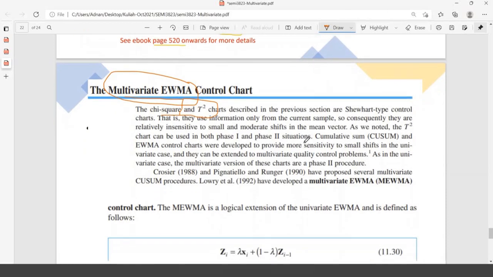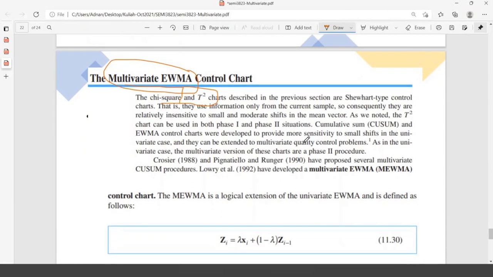I do not intend to go into detail, just to introduce that there are other methods. Univariate EWMA can also be multivariate, so we call it multivariate EWMA or multivariate CUSUM.